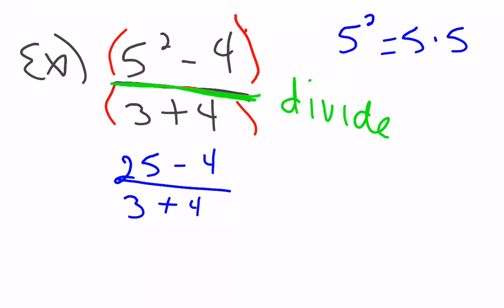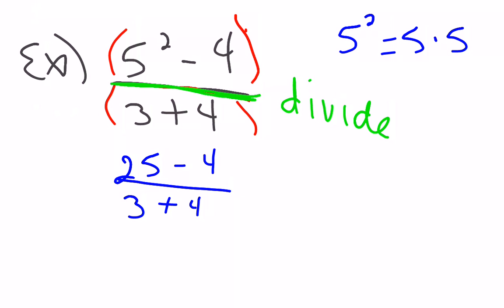So if we were on to our next step, we would say, oh, I have to divide. But how can I divide when I have all these extra numbers on the top and the bottom? So that's why it's understood that we have parentheses that aren't showing, because we have to simplify the top and the bottom before we can do that division in this case.